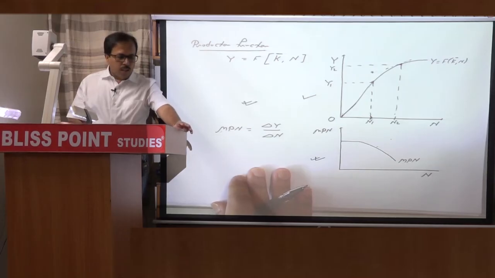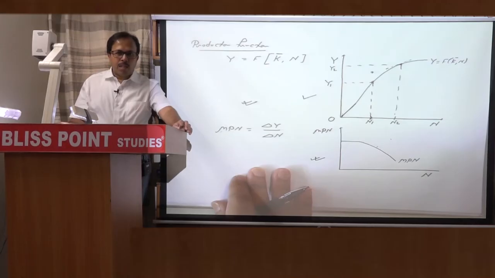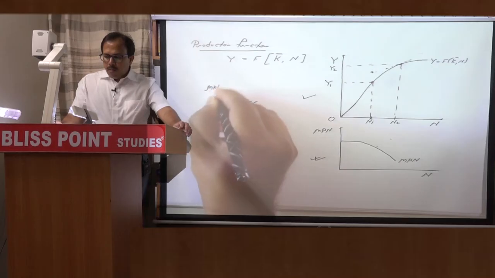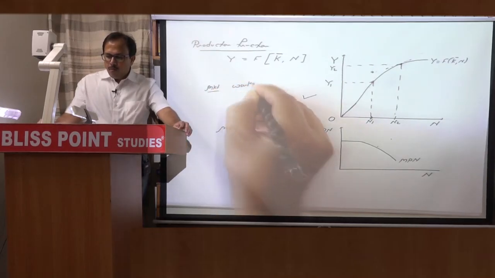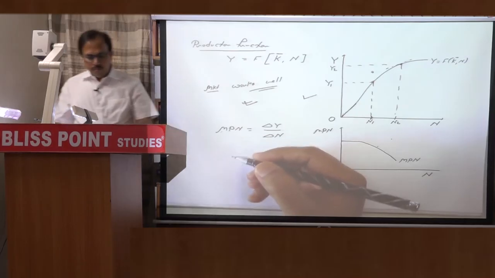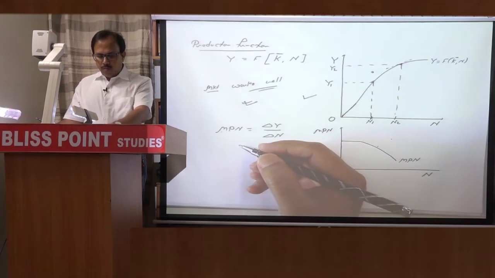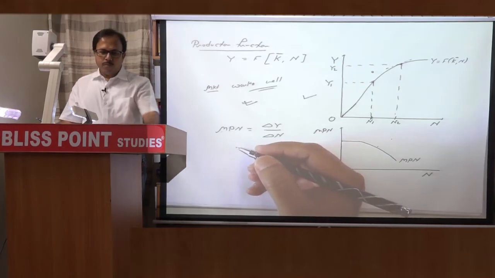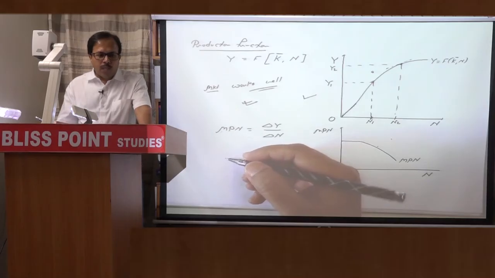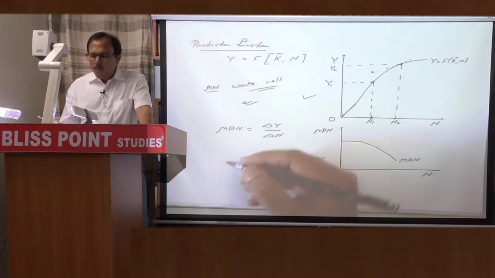Next paragraph. The main feature of classical labor market analysis is the assumption that the market works well, that is, the market is free and it is working well, and individuals optimize their objective, and they have perfect information about relevant prices.